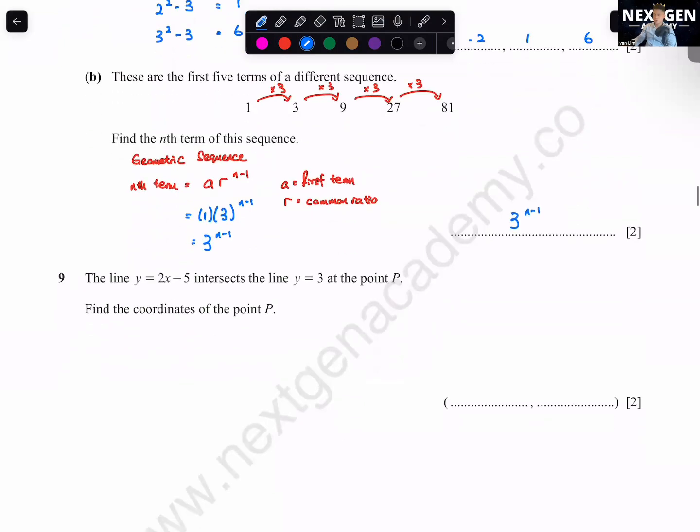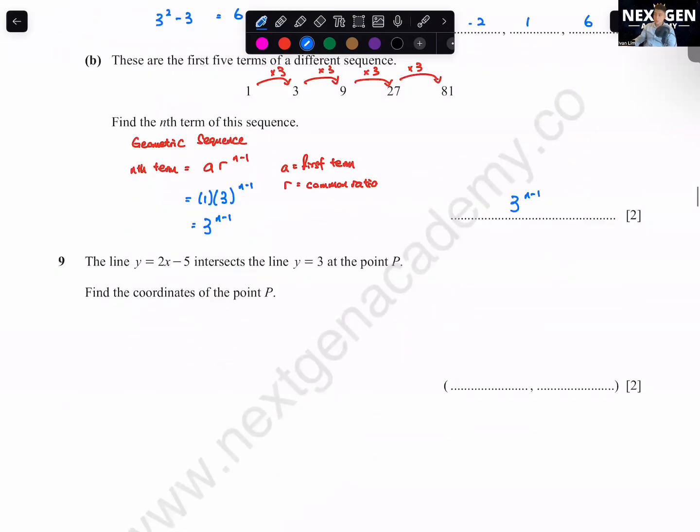Okay, let's go to question 9. The line y equals 2x minus 5 intersects the line y equals 3 at the point P. Find the coordinates of the point P. Keyword here: intersect. Intersect means we do a simultaneous equation.